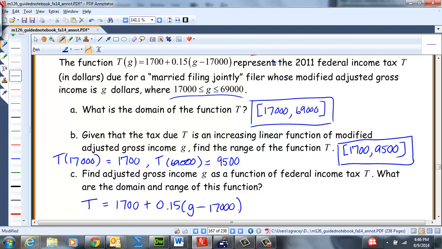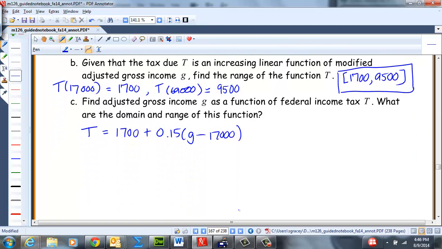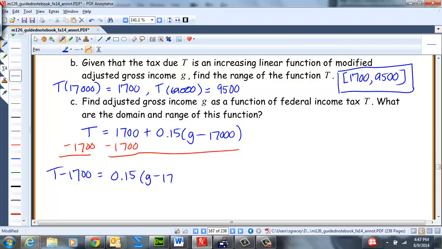Now, what we want to do is isolate G instead of T. So to do this, we could subtract 1,700 from both sides, and we'll get T minus 1,700 is 0.15 times G minus 17,000.